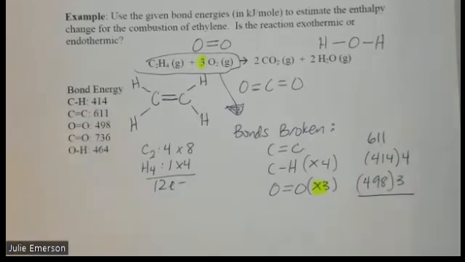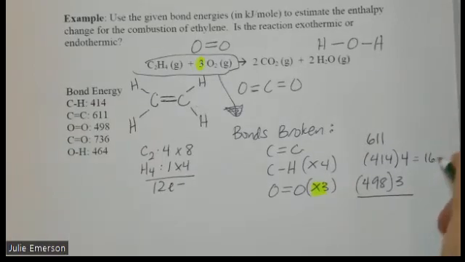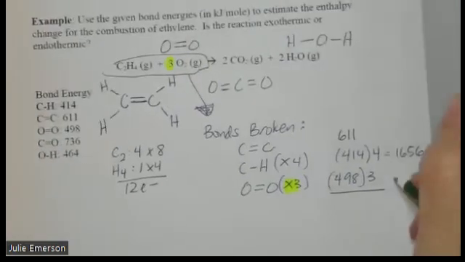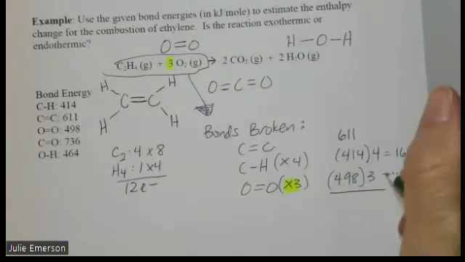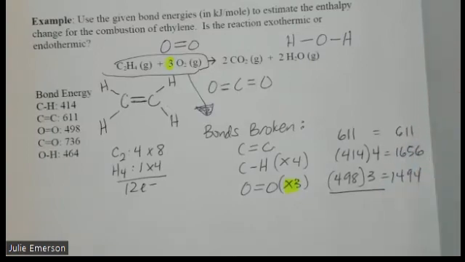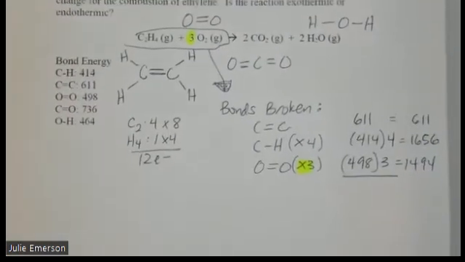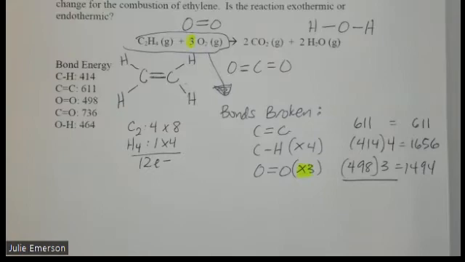All right, so let me get out my calculator. The 414 times 4 is 1656, and the 498 times 3 is 1494. And then the 611. So let me add all of that together now: 1494 plus 1656 plus 611.